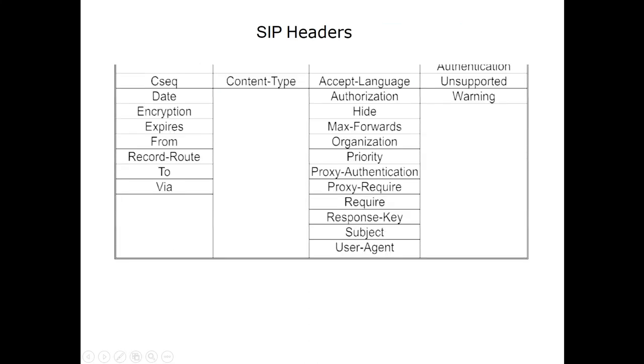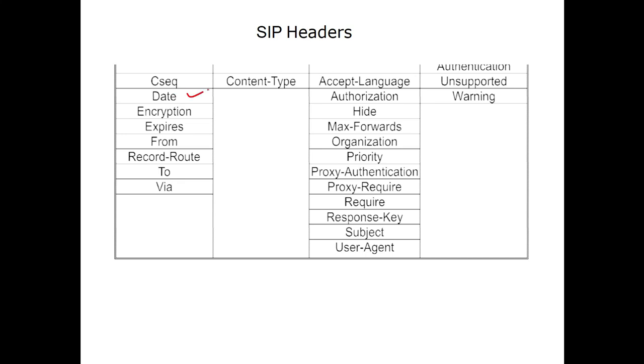So these are the SIP headers. SIP headers consist of sequence followed by content type, accept language, and authentication with respect to unsupported. So here it has the following things.